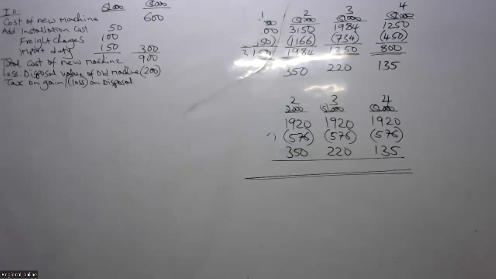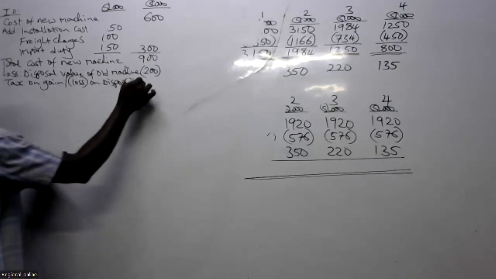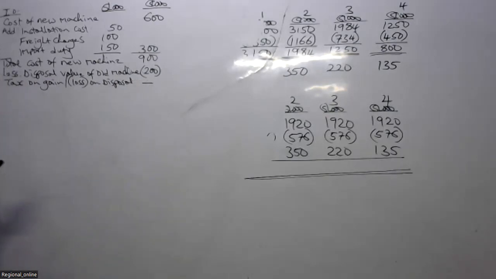Now, in our case, because of note number 4, take a dash. Because what have they said? The capital gains are tax exempt. So there's no capital gain tax.